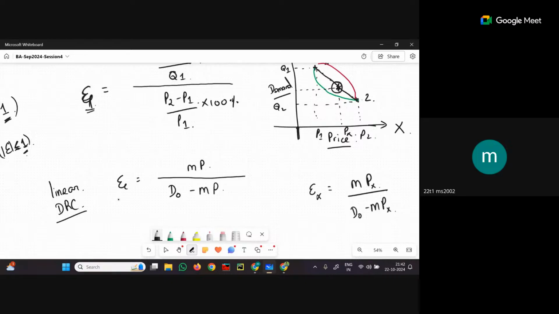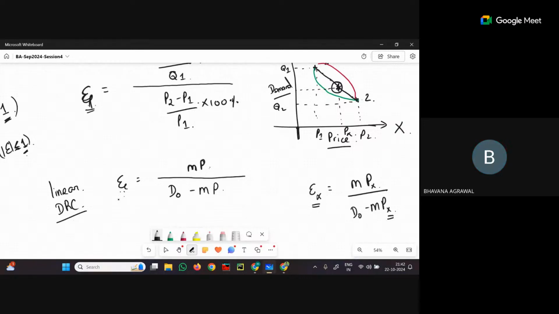So at the price, what is the elasticity? That is what this formula tells you. And you are getting this formula because it's a linear curve. Since it's a linear curve, I'm very easily getting it as mp divided by d0 minus mp. Let's not go into the derivation, not in scope for us. All of you clear? This is why this formula exists.